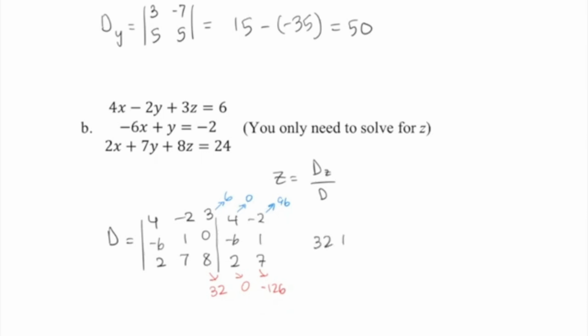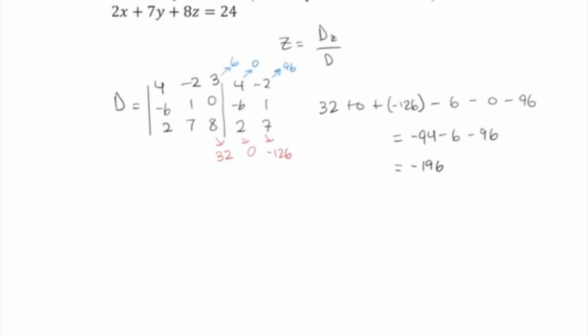So 32 plus 0 plus negative 126, then we subtract 6, subtract 0, and subtract 96. So 32 minus 126, that's negative 94, minus 6 minus 96. That's negative 196.